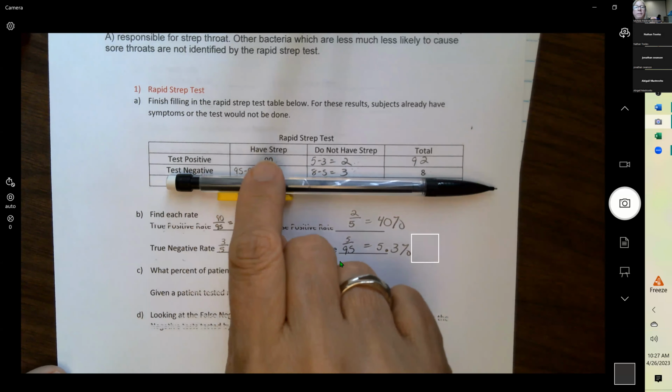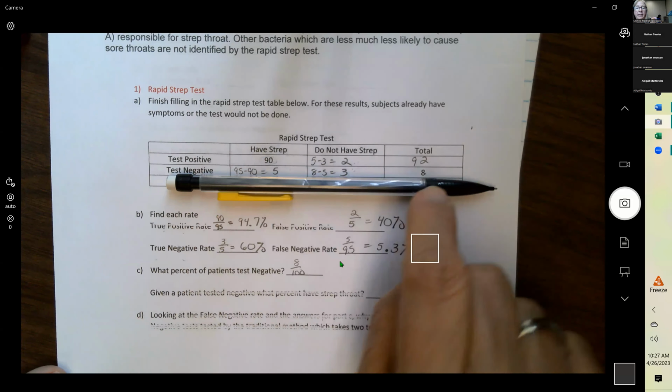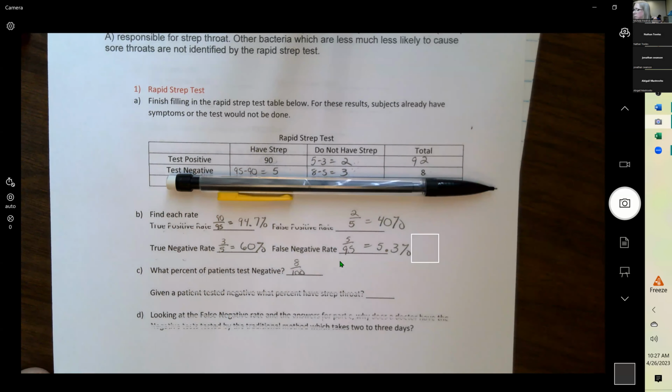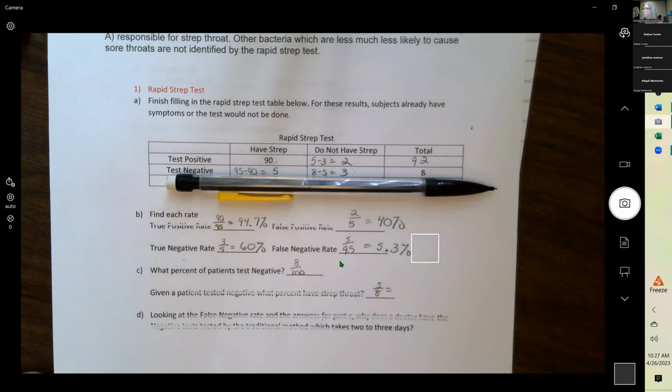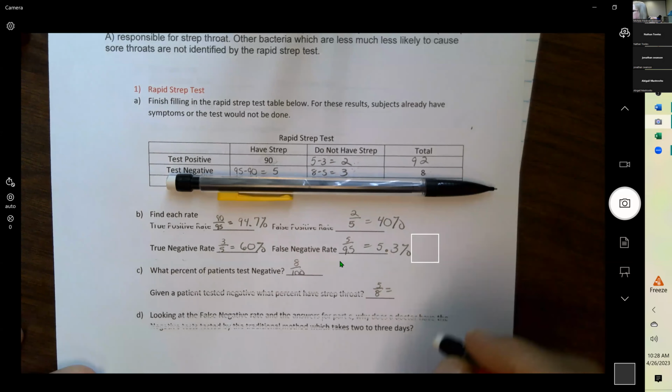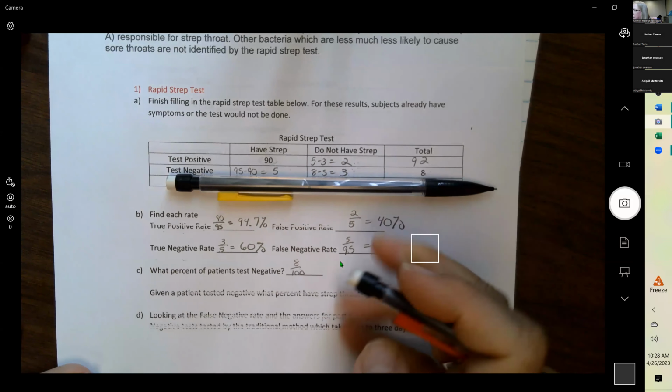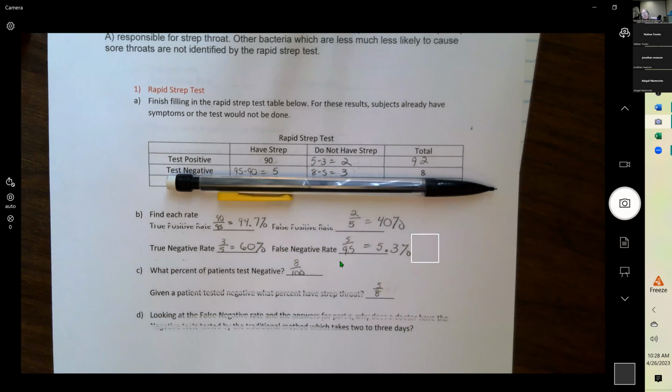Tested negative but have strep, it would be 5 out of the 8. You can leave it a fraction. If it says sensitivity, specificity, or any of the rate ones, you have to write as a percent. The others, it can be a fraction. Any questions on that?